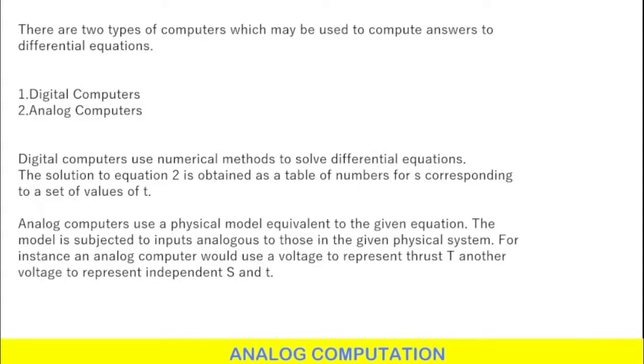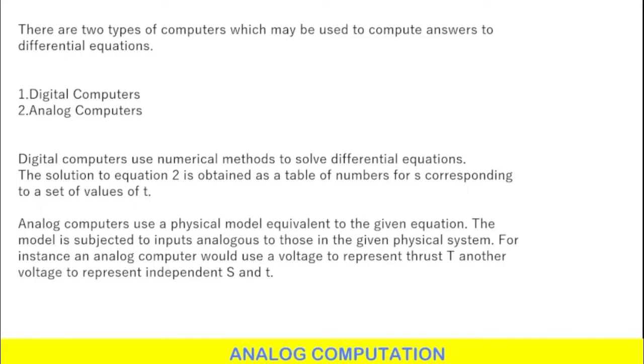Analog computers use a physical model equivalent to the given equation. Let me give an example. If you remember, in 12th class you studied the LCR circuit, which can basically represent the SHM. This is the same type of thing. The model is different, but it can resemble, by analogy, the real world problem. The model will be subjected to inputs analogous to those in the given physical system.